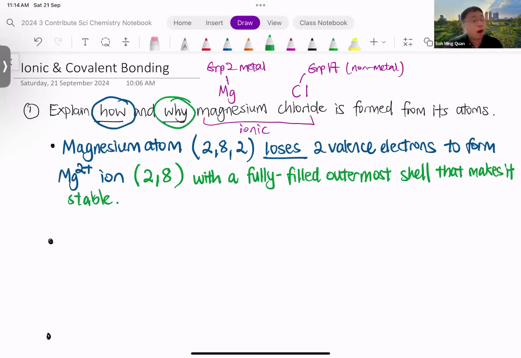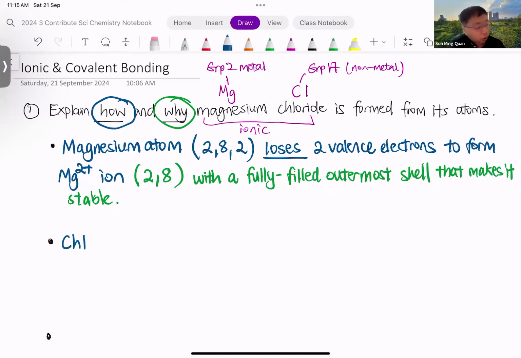And this is the why. The reason it loses 2 is so as to achieve a fully filled outermost shell, which makes the ion stable. So now we have done magnesium. Magnesium loses 2 valence electrons and forms Mg2 plus.